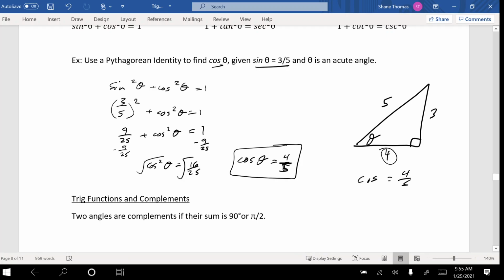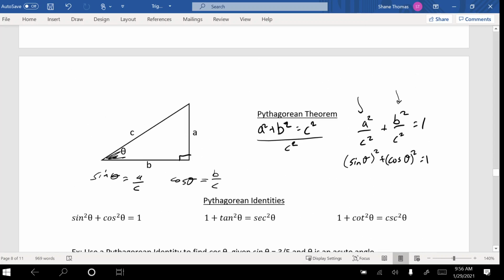All right, next part. We're talking about trig functions and their complements. Now, if two angles are complements, if their sum is 90 degrees or pi over 2, this means they're paired together. Okay, they're going to be similar. If you remember back to 30 and 60, the 30, 60, 90 triangle, remember doing that the other day?